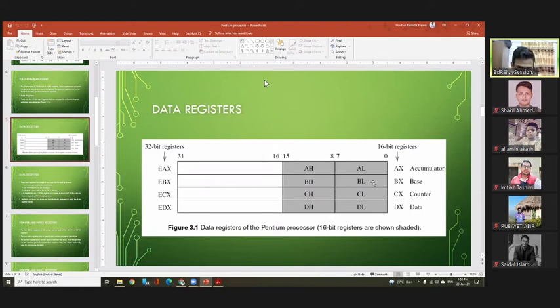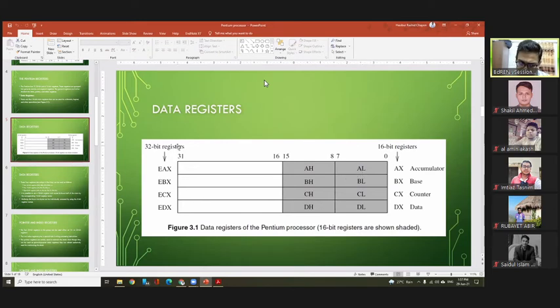Again, please, based on the size you need, you can choose either one of them. If you want to store a bigger number, if you think your result is bigger, then you can use the bigger part of the register. If you have a smaller number, you must use the smaller register.